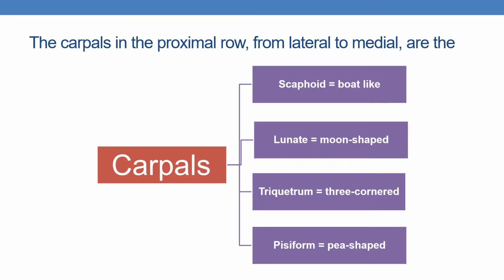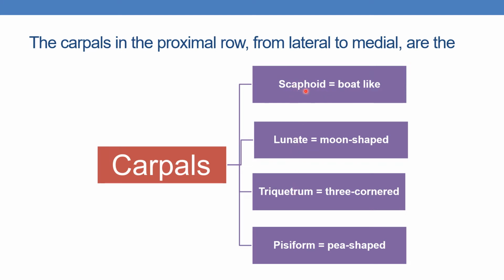Now coming to the carpals in the proximal row, from lateral to medial side, they are scaphoid, lunate, triquetrum and pisiform. We know that the wrist joint is formed by the union of the radius with these 3 bones, scaphoid, lunate and triquetrum.